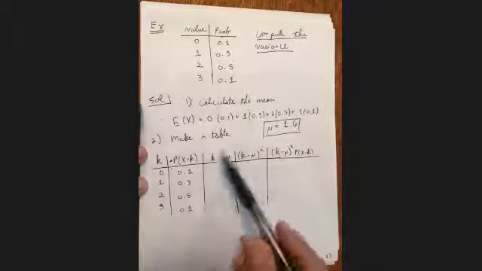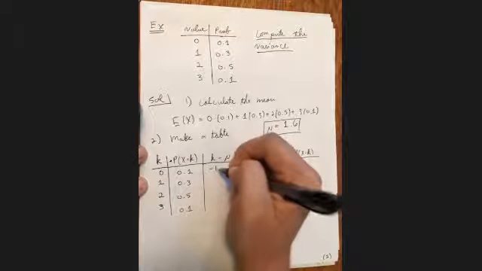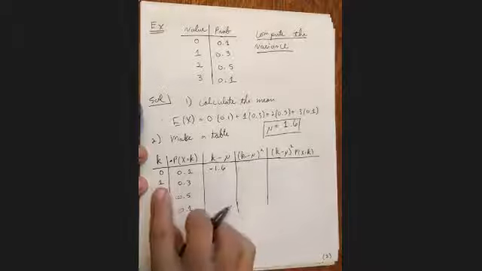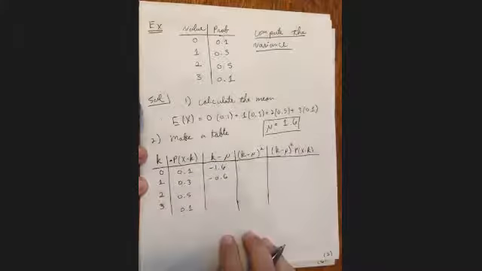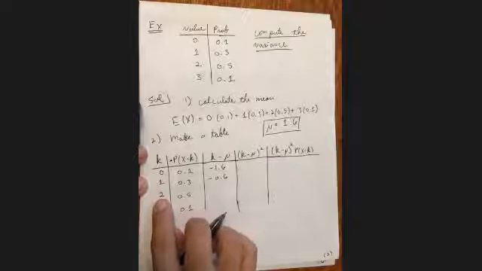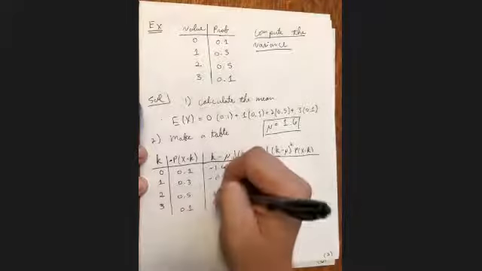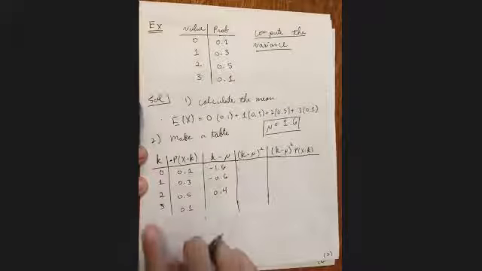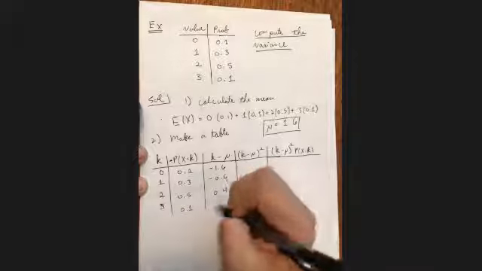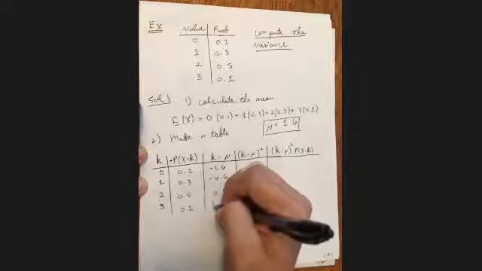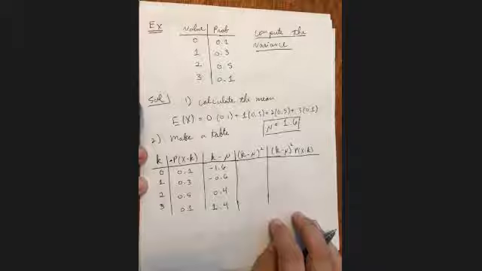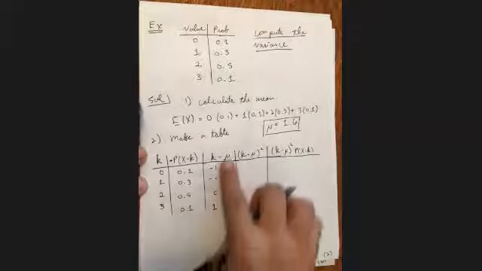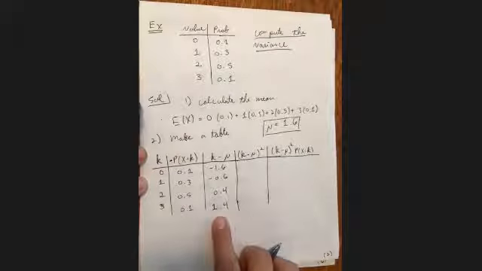So 0 minus 1.6, for instance, is negative 1.6. 1 minus 1.6 is negative 0.6. 2 minus 1.6 is 0.4. And 3 minus 1.6 is 1.4. Okay, so that's the difference between the value and the mean.